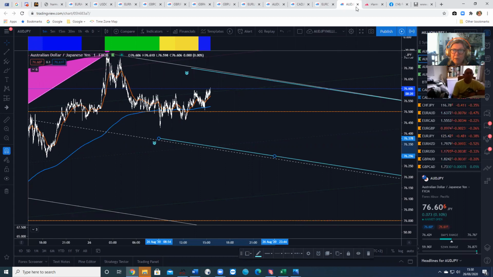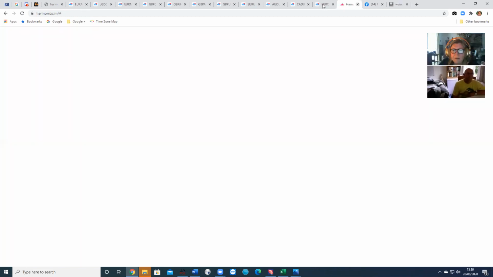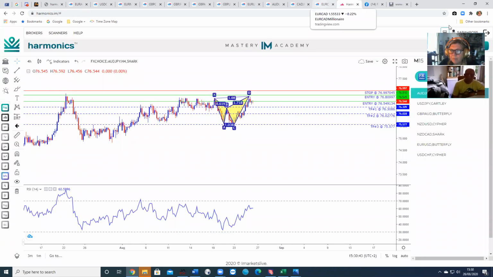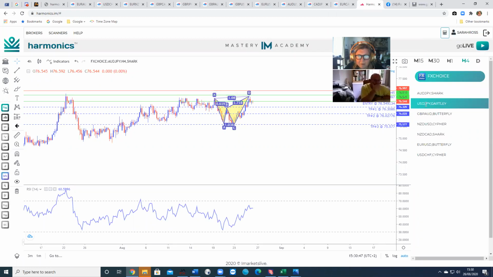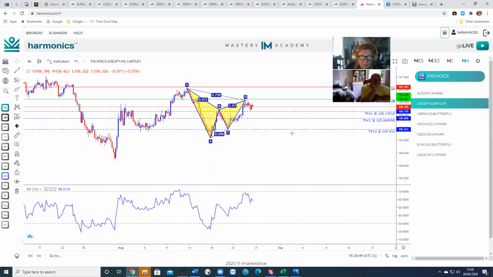So that's all JPY set up. I'm not up to date with drawing my scans on the JPYs. There's that USD, I did the old one just before this session. So I've got to do the USD JPY and there's a Euro JPY, which I haven't done, which I can't see.